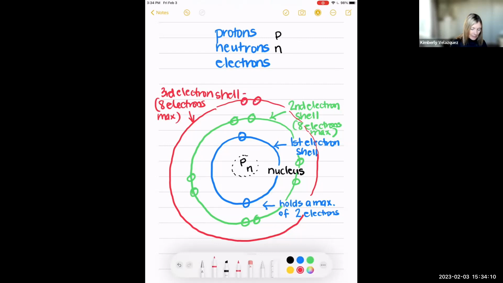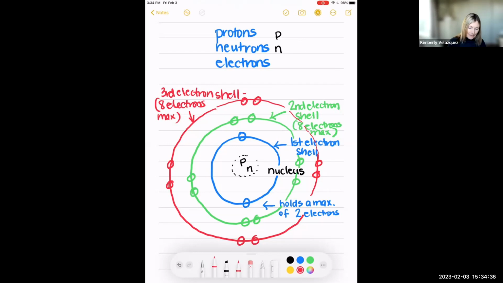So again, 8 spots available for electrons to fill. And so on and so forth. Electrons just keep filling more shells. The more electrons you get, it just keeps moving out. For this class, you only need to concern yourself with the first 3. We're not going to look at any elements that have a number of electrons greater than what would fill those first 3 shells. So what do I mean by this?